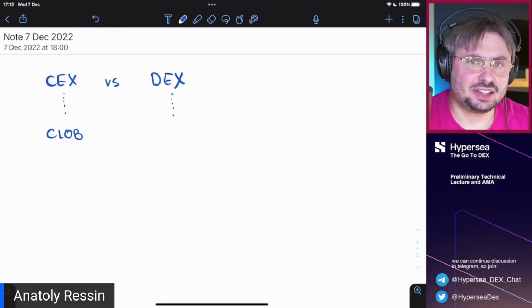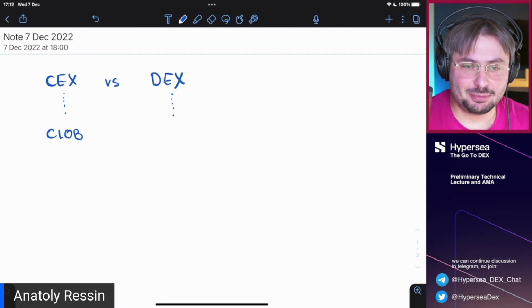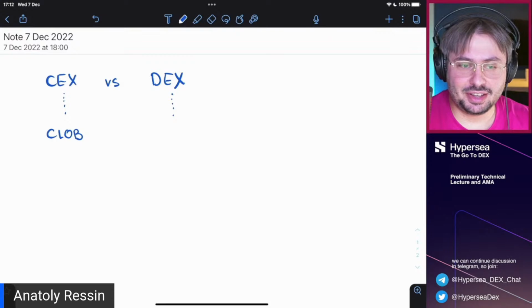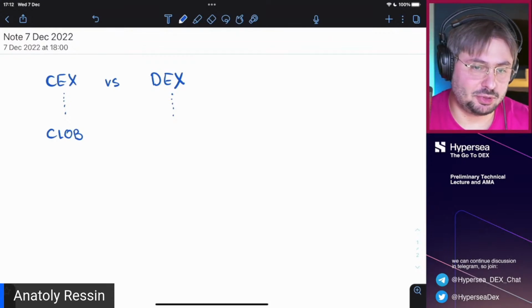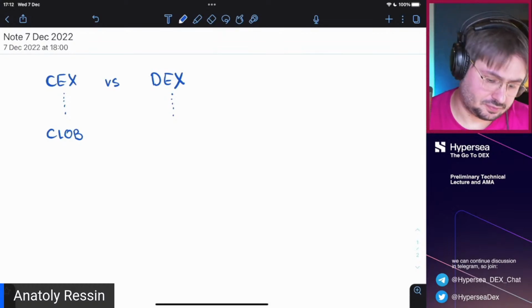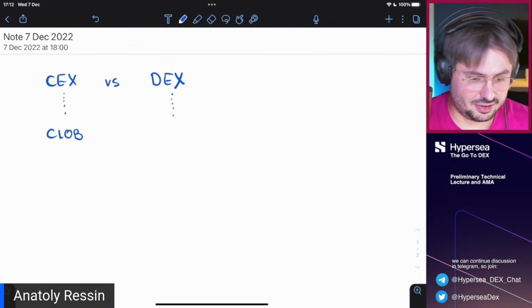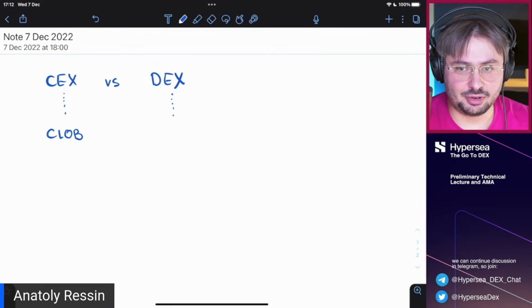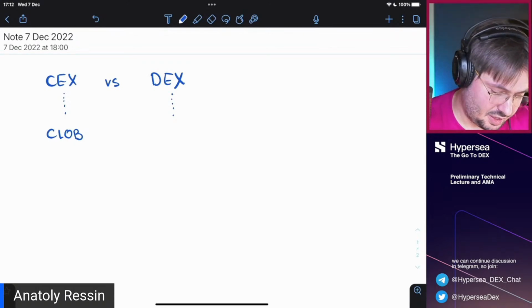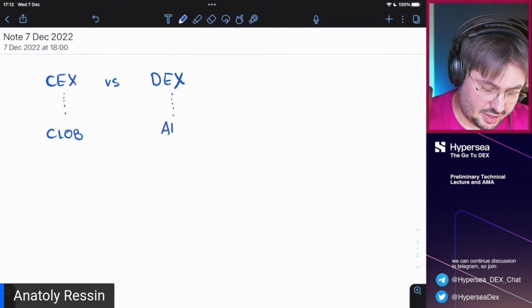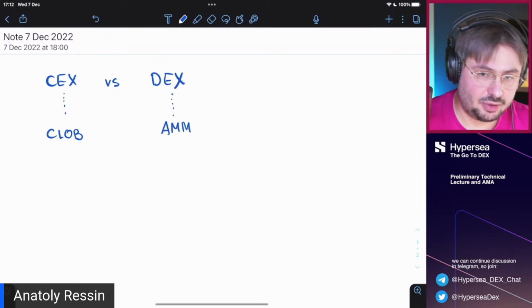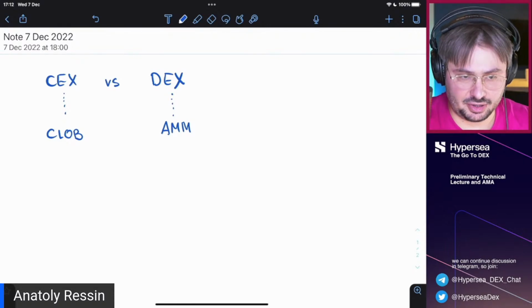Really, it's kind of still functioning, but already everybody understands that to implement a central limit order book in the blockchain is kind of complex, and the transaction fees are very big in this case. And here I would speak about the AMMs, automatic market makers.